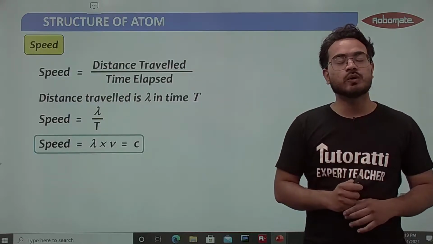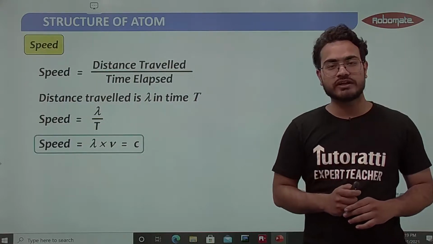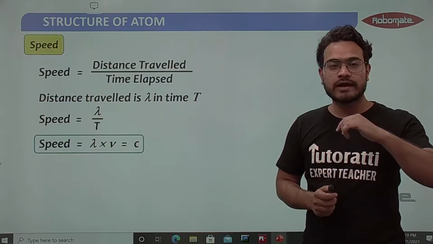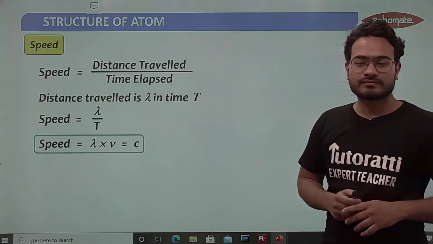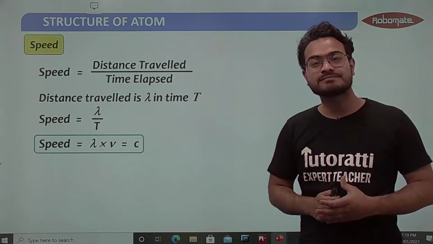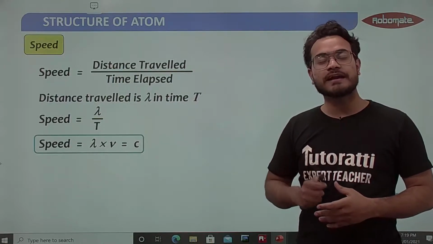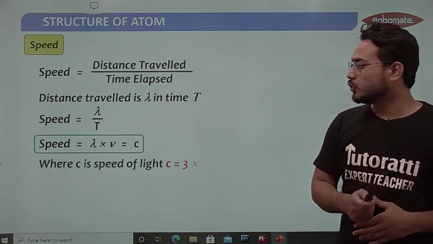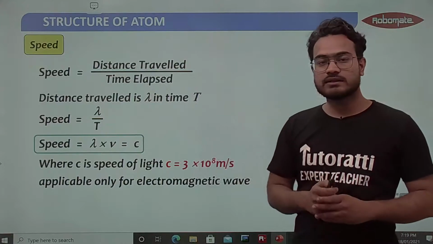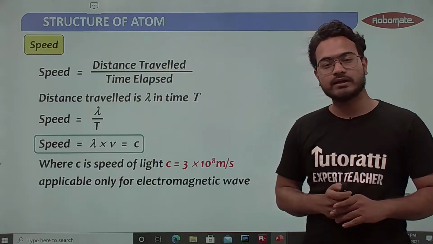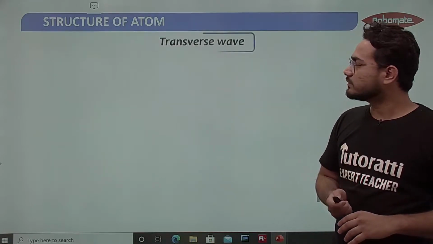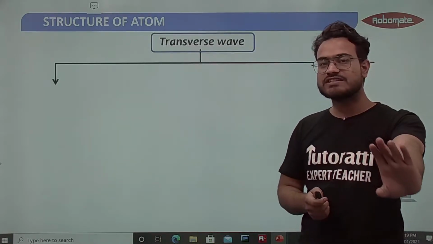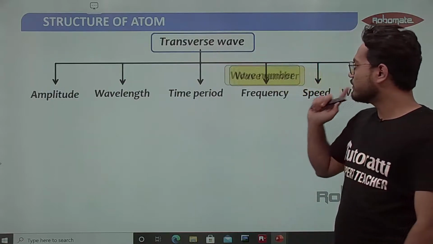Yes, Pranit, you are quite right. It is 3 into 10 to the power 8. And what is the unit? Meter per second. Exactly. 3 into 10 to the power 8 meter per second. This is the speed of light. Okay. So the last thing which is left is the wave number.